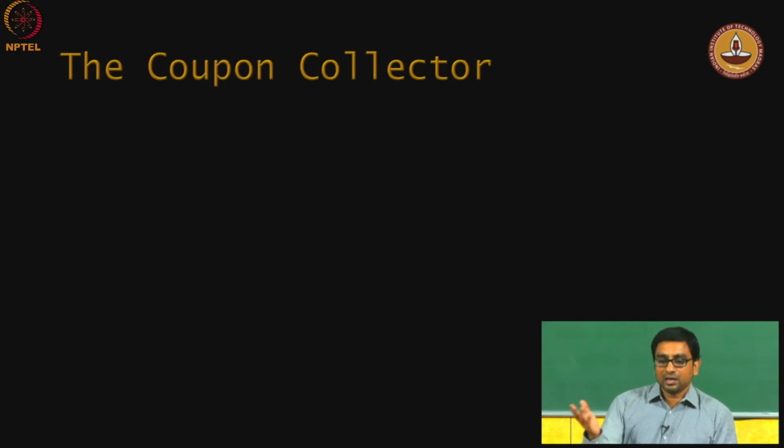Let us say there are n different types of stickers, and each time you buy a box of chocolates or whatever, you get a random sticker out of the n different stickers that the company has made available. And so, you are asking, how many times should I buy these boxes of chocolates before I get at least one copy of all the n stickers?